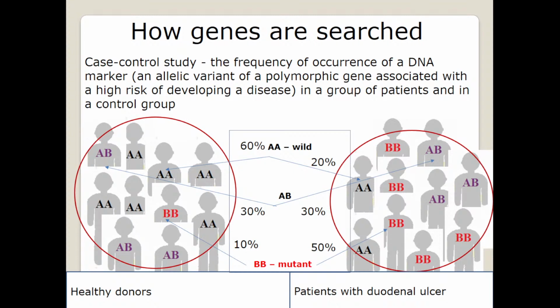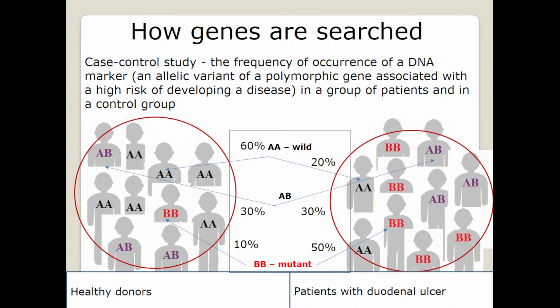How is it used in a human population? In this picture, you can see a case control study. On the left side, in the round, are healthy donors. It is the control group. On the right side, in the round, are patients with duodenal ulcer. And all these patients and control group persons present some genotype, some polymorphic variant or SNPs.